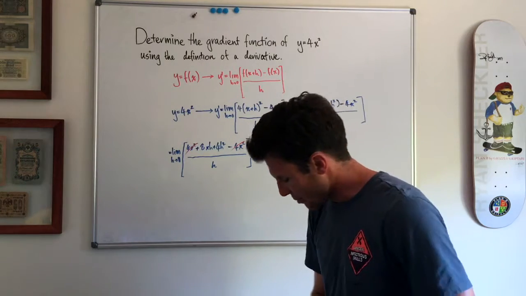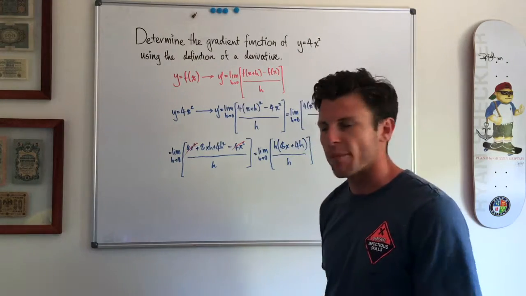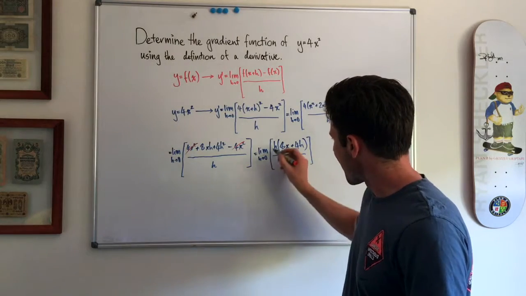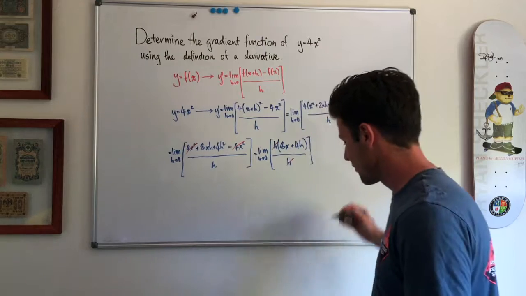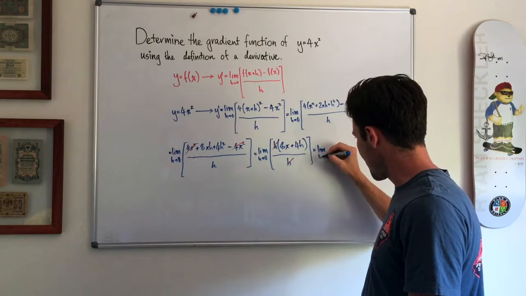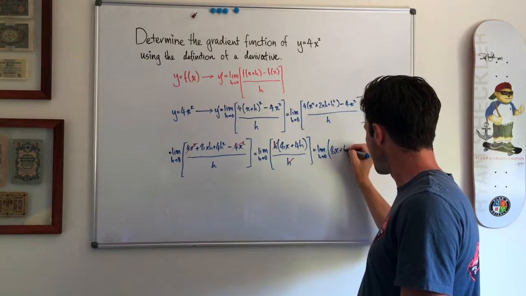Now, because we're multiplying that h by whatever's in the bracket, and then dividing by h, these two will now cancel out. And we leave ourselves with the limit as h tends to 0 of 8x plus 4h.